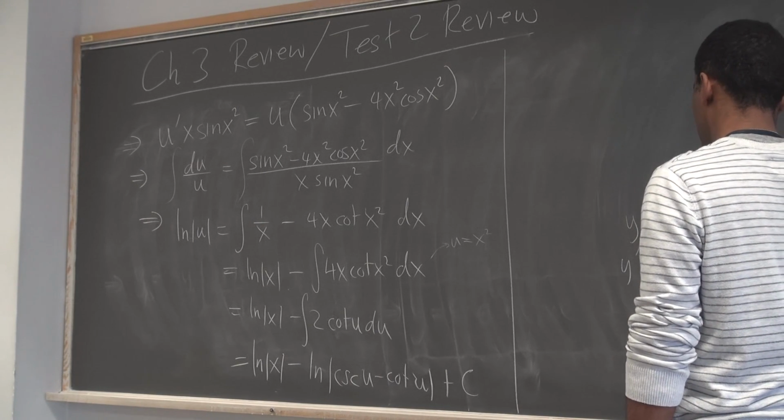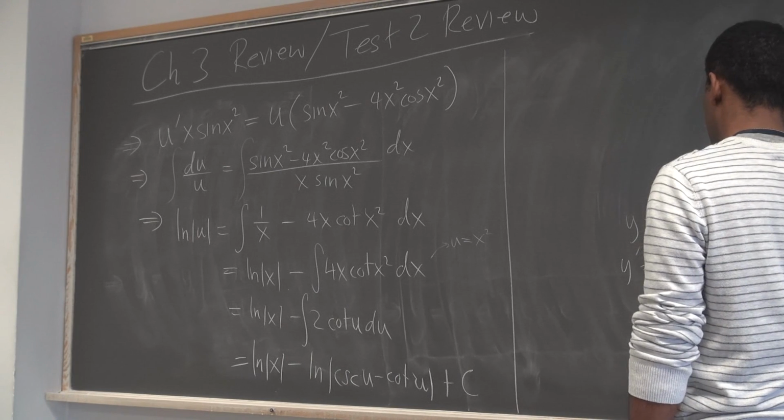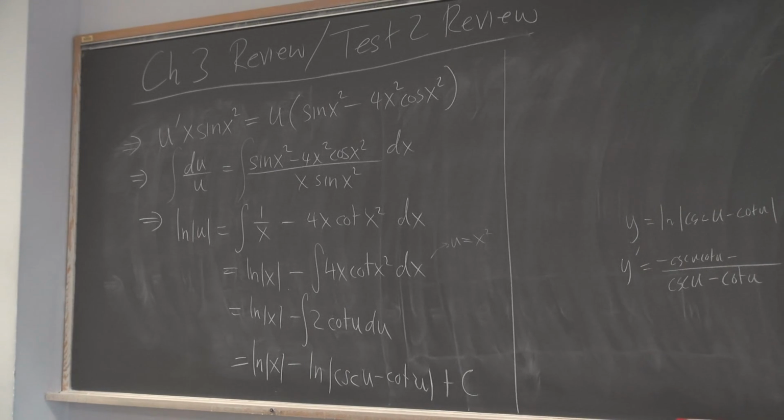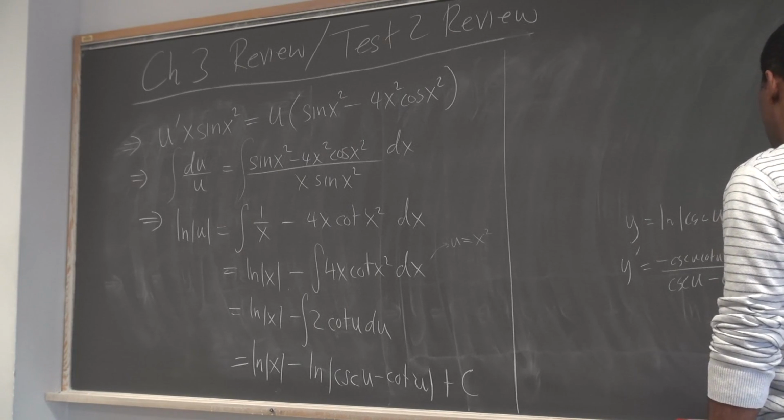Derivative of cotangent. It's what? ln of what? Negative cosecant.